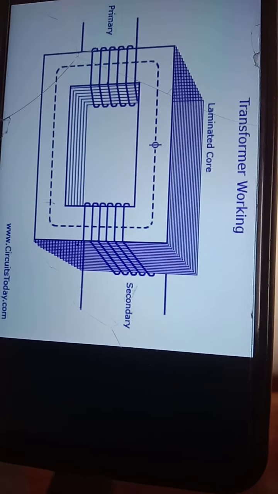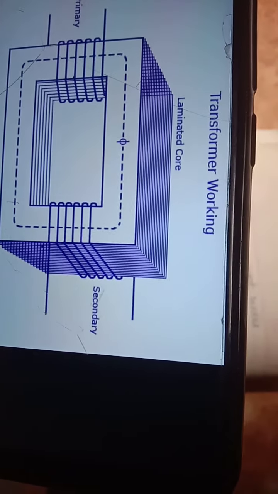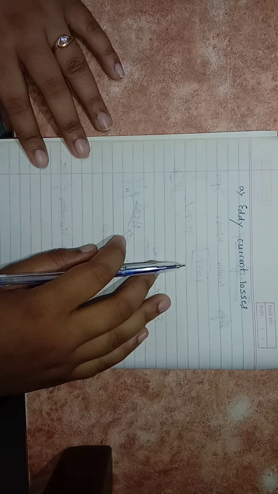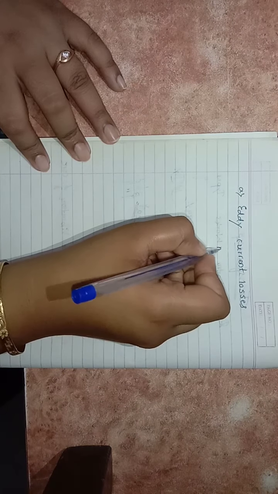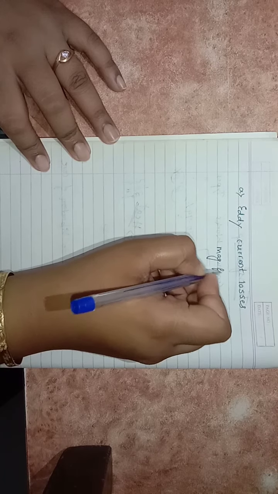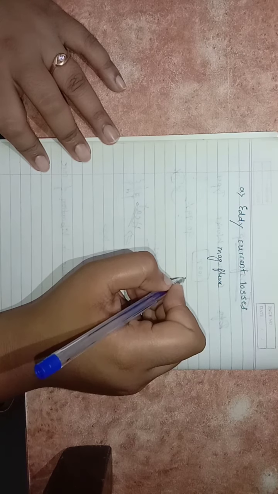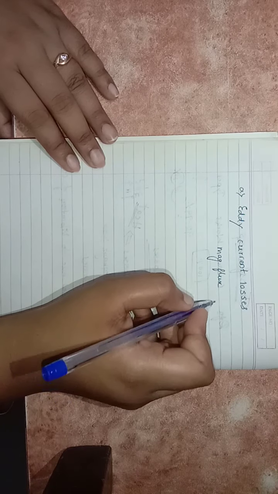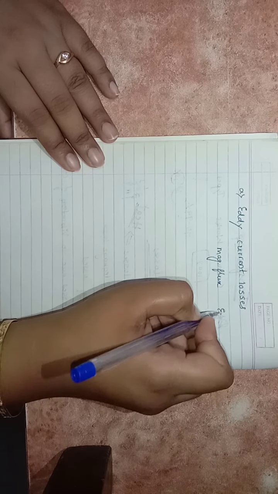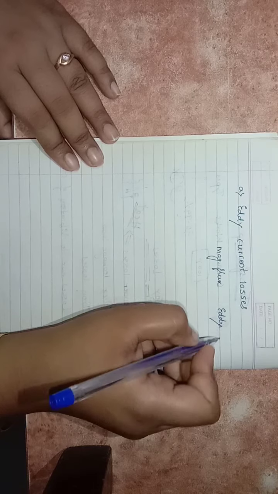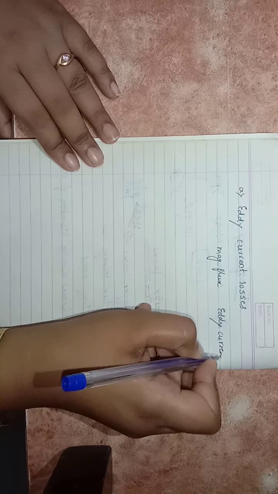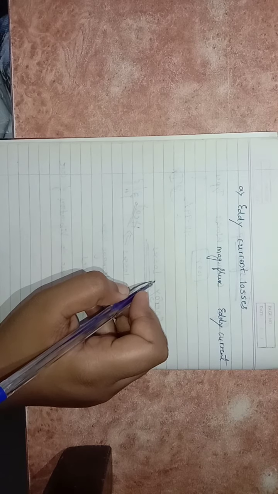Eddy current losses. Understood? So what are eddy current losses? Whenever the magnetic flux linked with the transformer changes, eddy currents are produced in the core. Listen carefully.